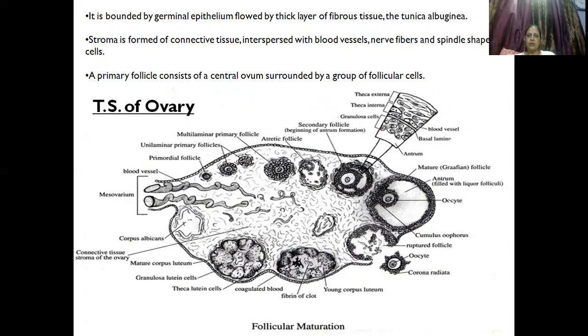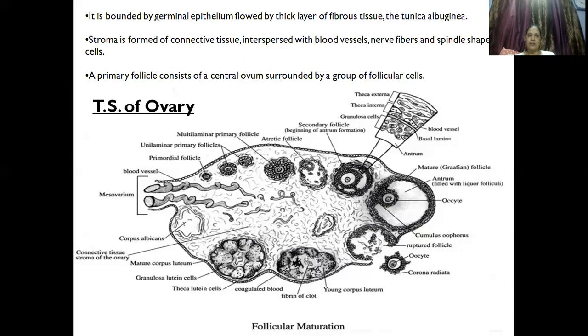Now, what is that portion? That portion is the central part of the ovary. When you see the outer edge, that is basically the cortex, and the inner portion is the medulla. That medulla, the central part, is called the stroma, which basically consists of blood cells, nerve fibers, and spindle-shaped cells. Now, in the cortex, you find the primordial follicle.